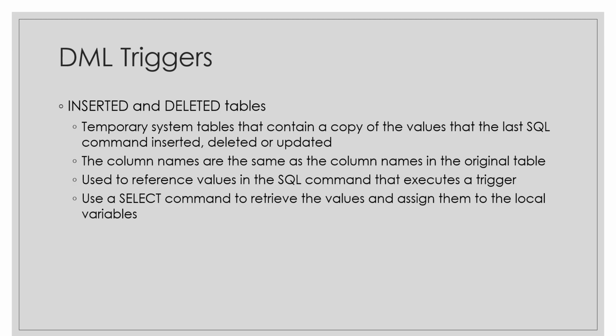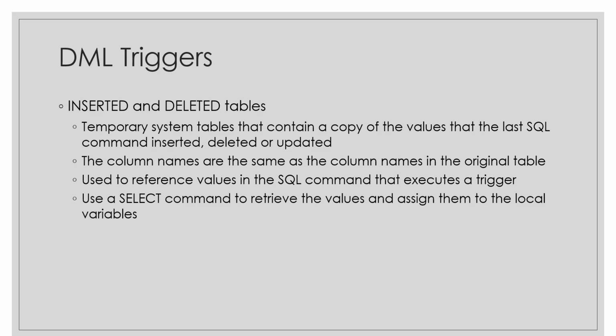So how we find that out are these two temporary system tables. Basically, they're actually named inserted and deleted. Now, you don't always have both. On an insert trigger, you'll only have the inserted table. But it has a snapshot, a copy of the data that was inserted. If you're doing a delete trigger, you'll have the deleted temporary table.